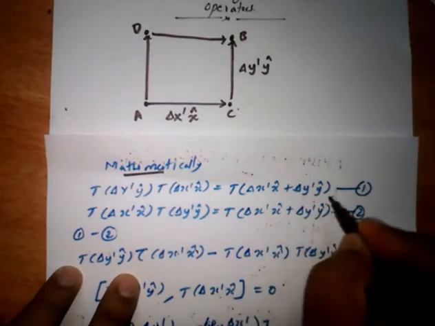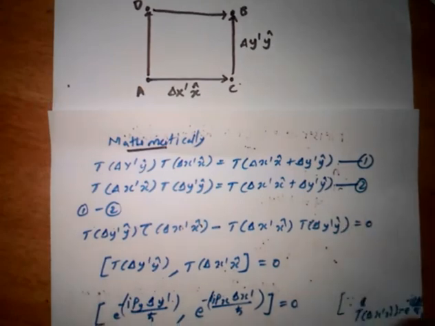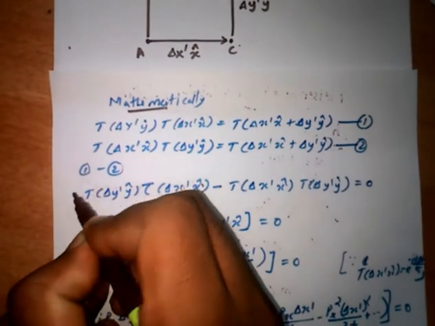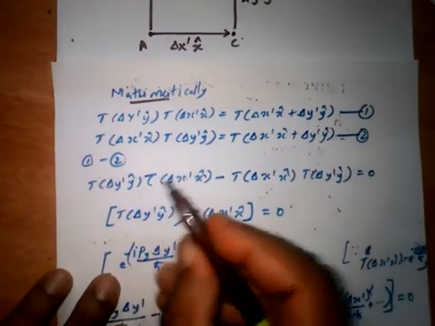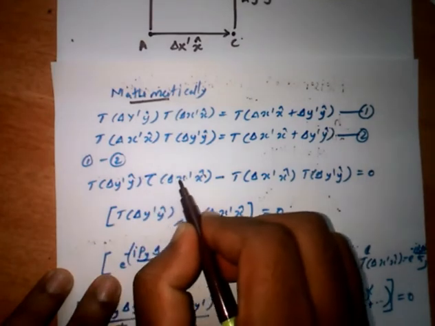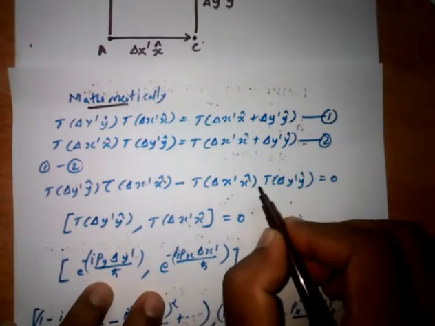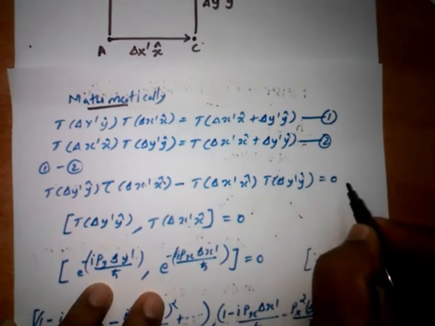So the right side of equations 1 and 2 is the same, and then we can subtract equation 2 from 1. We get T of delta y dash y cap into T of delta x dash x cap minus T of delta x dash x cap into T of delta y dash y cap equal to 0.